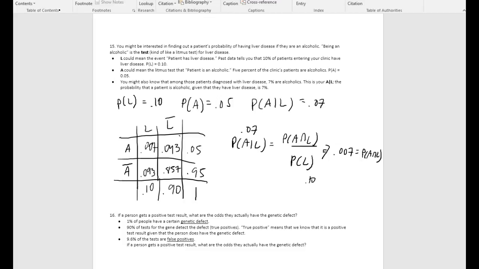So you might be interested in finding out a patient's probability of having liver disease if they're an alcoholic.